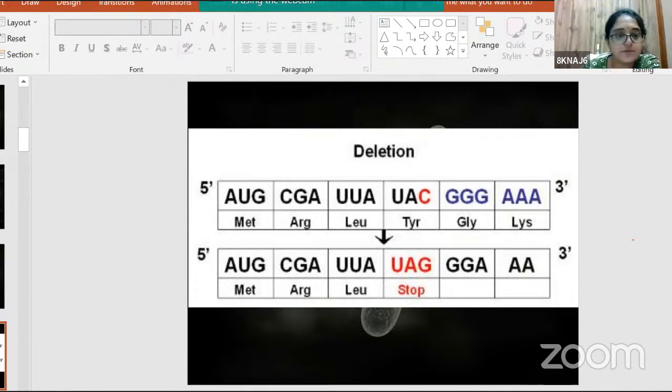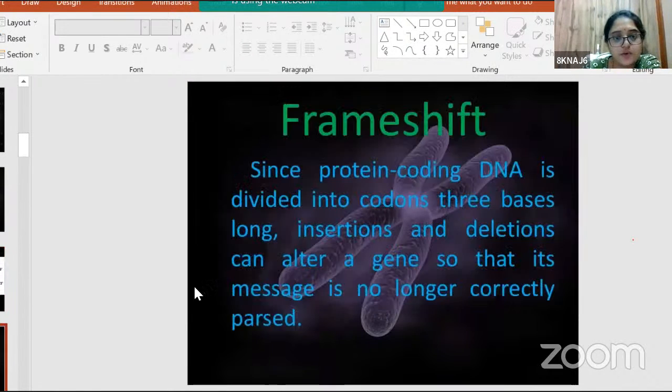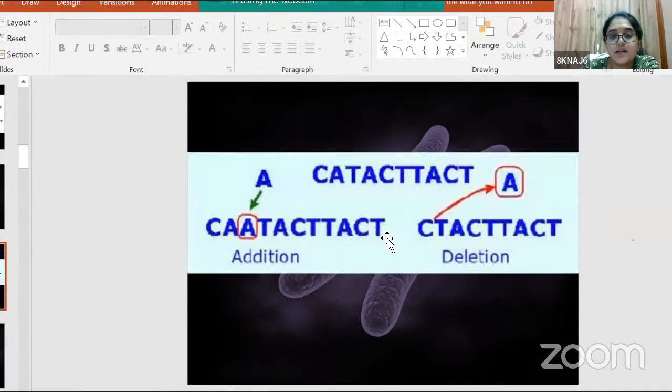And you also have frame shift mutations. This is when insertions and deletions of bases, not in multiples of three codons, alter a gene so that the message is no longer correctly read. Over here, I start with CAA-TACCT. An addition is taking place over here and a deletion over here, because of which the reading frame changes.